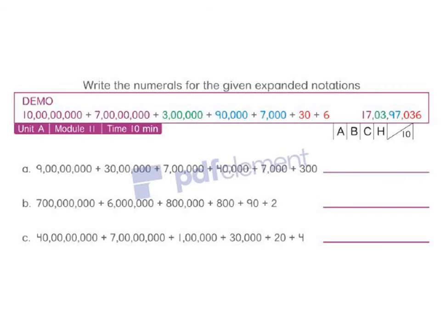It is asking you what is 700 million plus 6 million plus 800,000 plus 800 plus 90 plus 2. And the third question is again in Indian system. It is asking you what is 40 crore plus 7 crore plus 1 lakh plus 30,000 plus 20 plus 4.